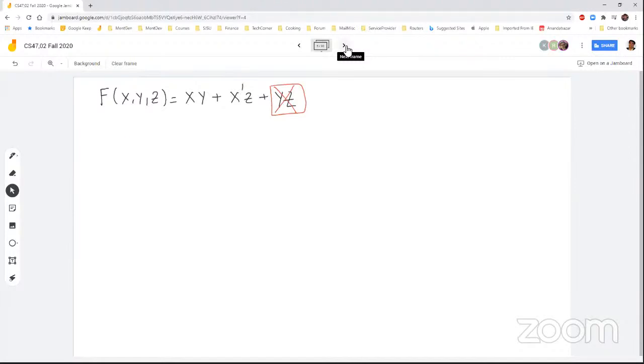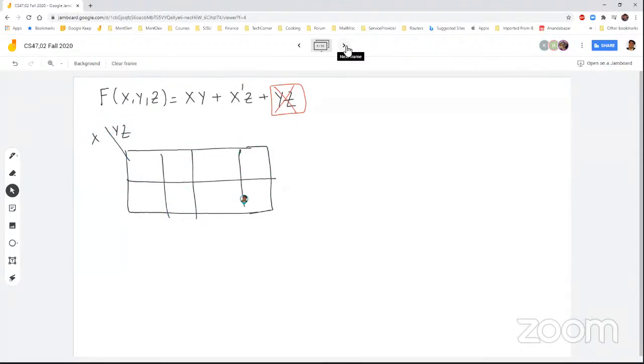So first, let's construct the K-map. x, y, z, 0, 0, 0, 1, 1, 1, 1, 0, 0, 1. Let's write down the indices 0, 1, 2, 3, 4, 5, 6, 7.